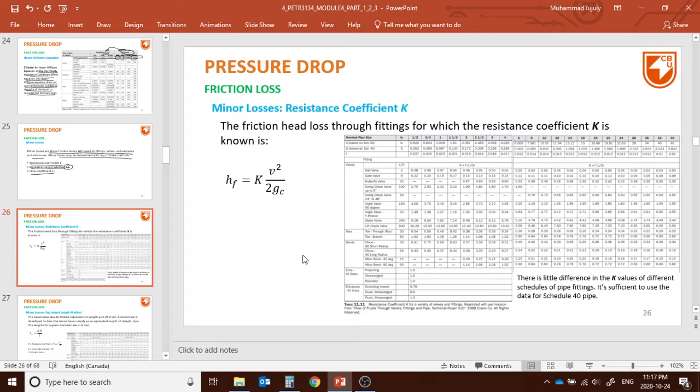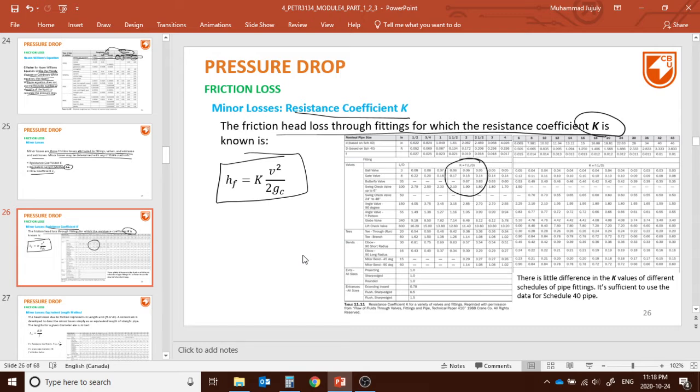This is how we calculate through the resistance coefficient. The minor loss HF equals K times V squared divided by twice G, where K is the known resistance coefficient of the fitting. For different types and sizes of fittings, we have these K values.